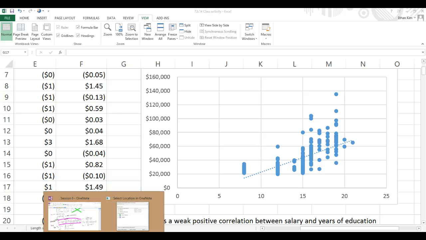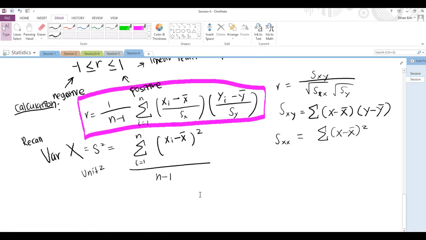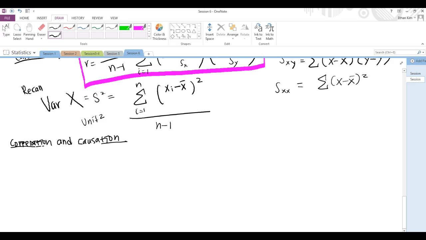Okay, let's go back to our note. So we call that correlation versus causation.